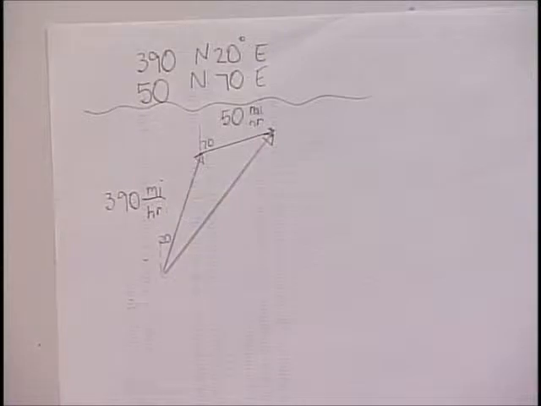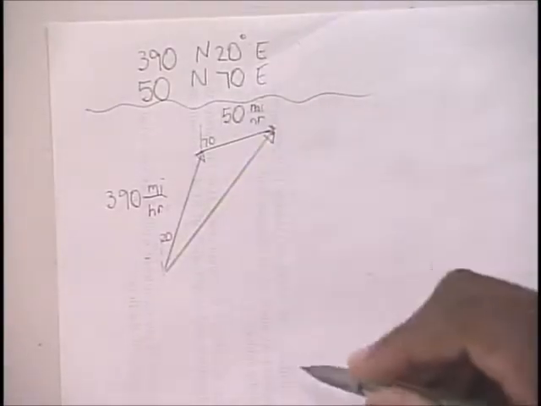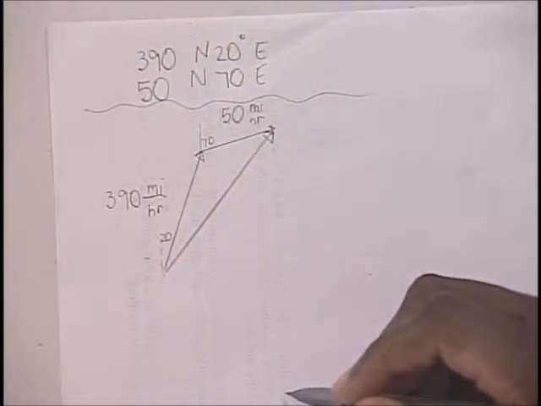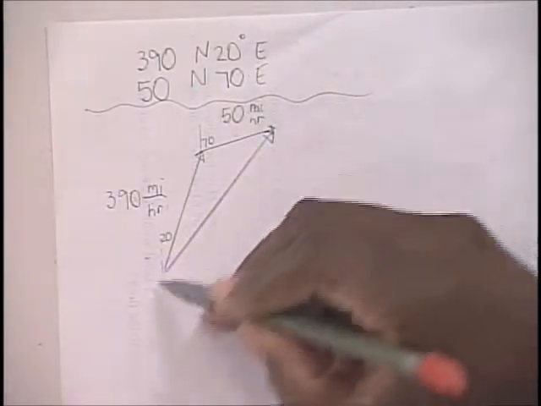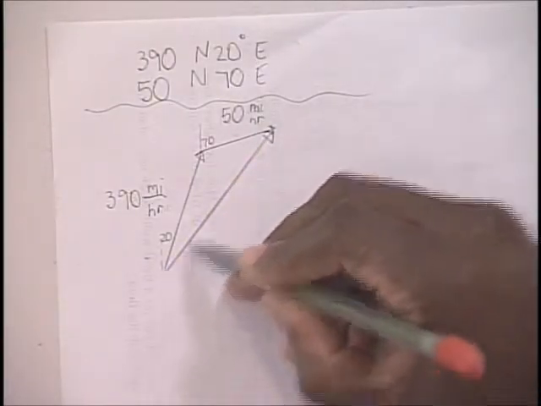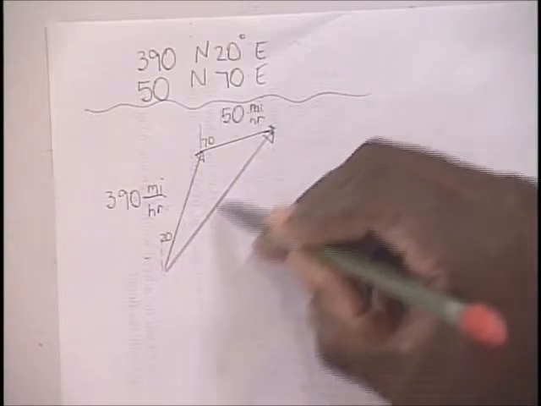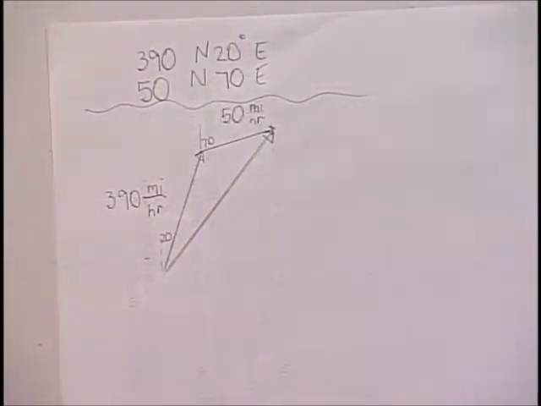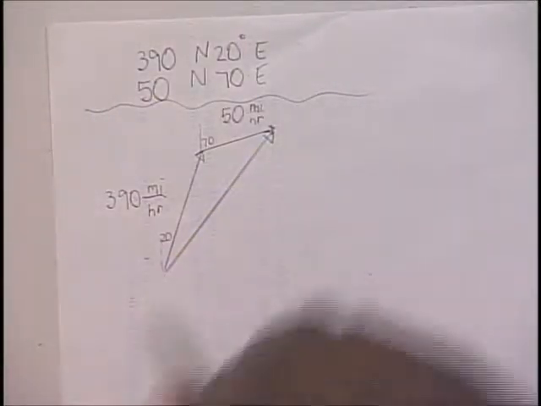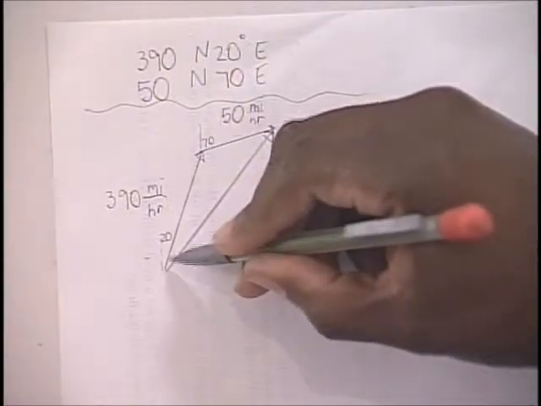Let's see how we would solve this, how we would get what's called the resultant vector, using the techniques we've discussed already.